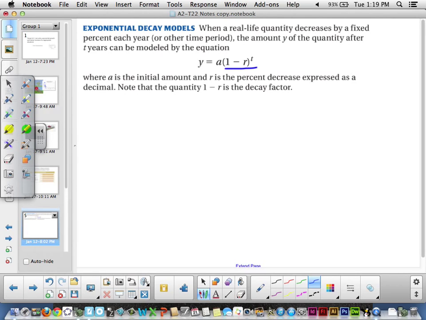A is the initial amount, r is the percent decrease. If you kept 71%, you lost 29%. So there's a 29% decrease in that last example. And 1 minus r is a decay factor, meaning you were keeping 71% of what you had.